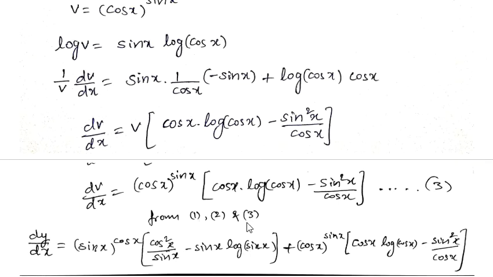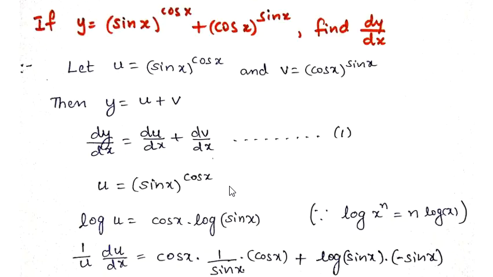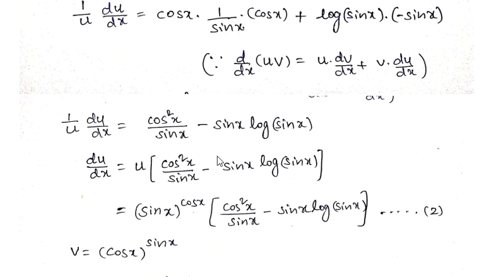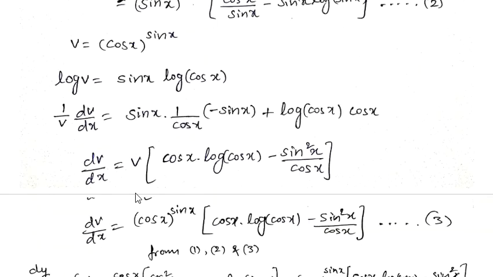And from equations number 1, 2 and 3, what is our equation number 1? We have taken dy by dx is equal to du by dx plus dv by dx, and equation number 2 is du by dx, and equation number 3 is dv by dx.